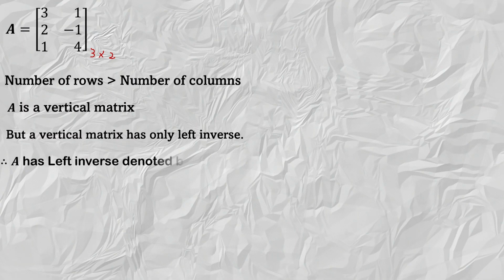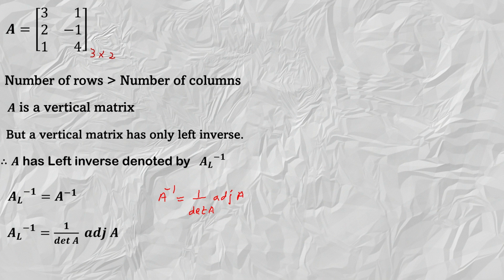So this matrix A has a left inverse denoted by AL inverse. This left inverse is the inverse of this matrix A. We know that the inverse of a matrix is found by this formula: 1 over determinant of A into adjoint of A. In this case, the left inverse will be 1 over determinant of A into adjoint of A, as left inverse and inverse are equal for a vertical matrix.